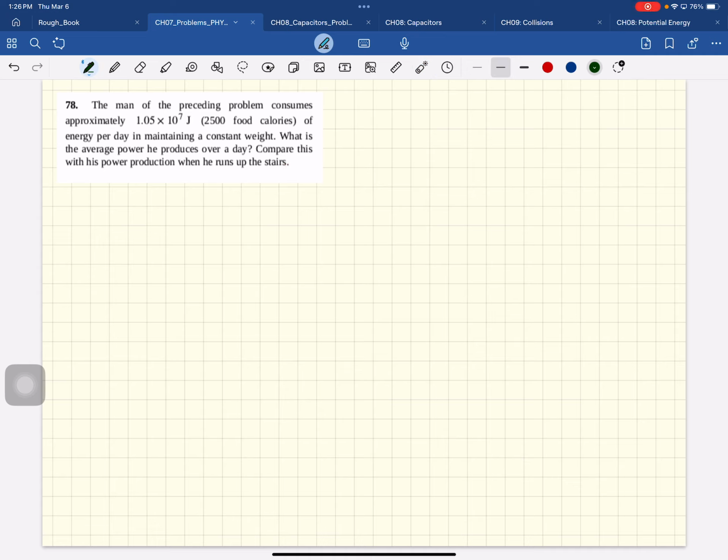So to run this person, you need 1.05 times 10 to the 7 joules in 1 day. 1 day is that many seconds. So this is the energy that you have to give the person constantly.